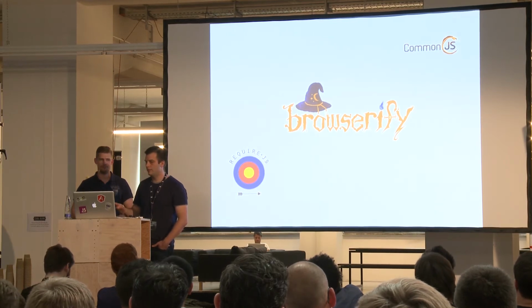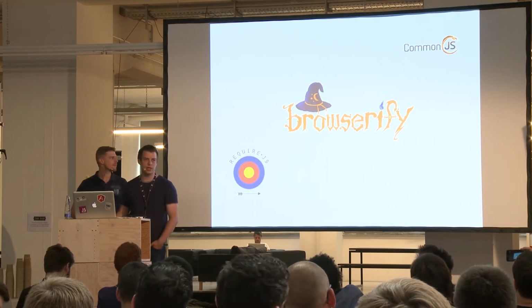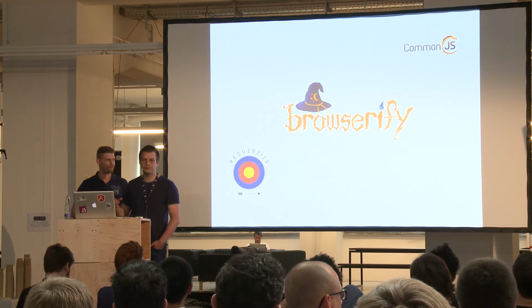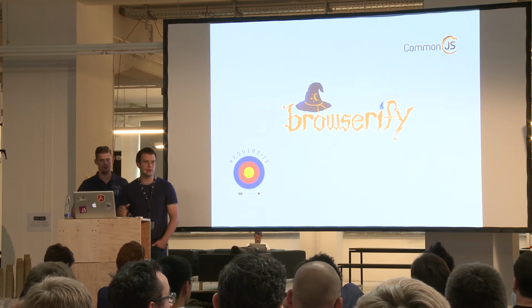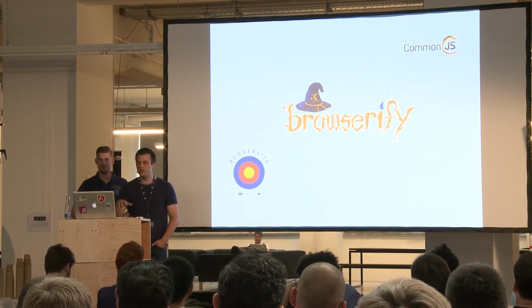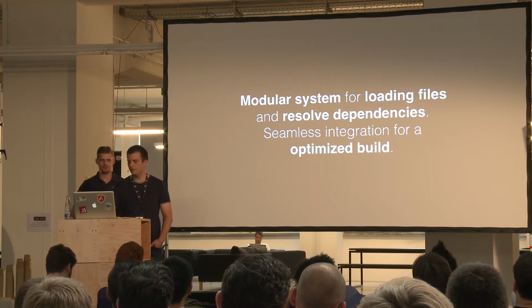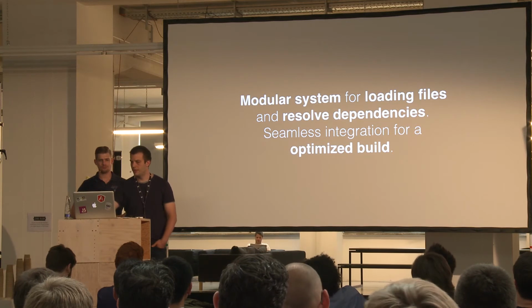And the module loader takes care of loading scripts, dealing with dependencies and stuff like that. And you're basically building microservices in the front end, which is just feature-based. Yeah, as I just told you, for loading files, optimizing, and dependency resolvement.